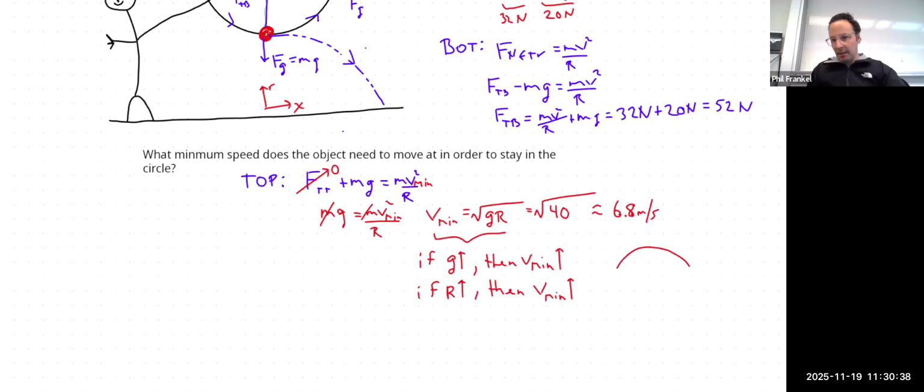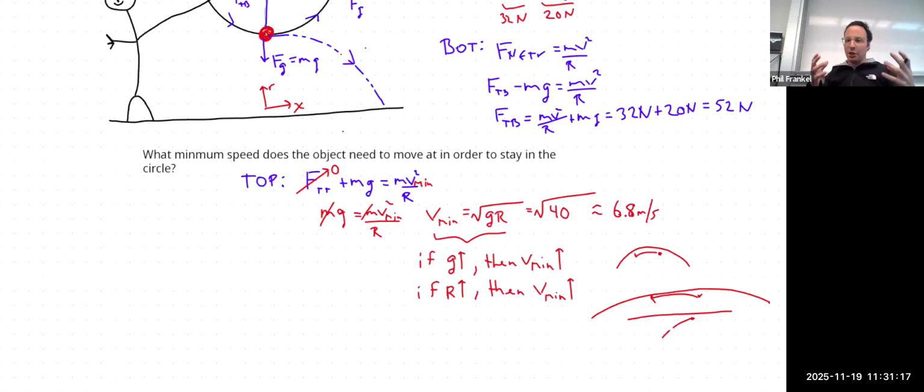But if the radius is bigger, it's actually harder to avoid the object falling off. In fact, imagine a little roller coaster car around a tight, small radius turn on a vertical loop, the roller coaster is not very likely to fall off. But the more gradual the loop is, the more likely it is for the roller coaster to fall off. In fact, if it were an infinite radius, then the object couldn't stay on that. It would fall down due to gravity alone.